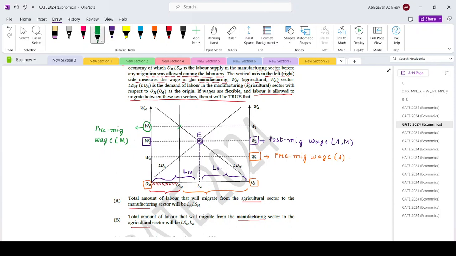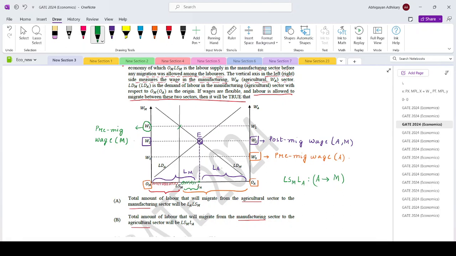So that means since pre-migration amount of labor was more, this gap between LSM and LSA will migrate from agriculture. So this amount LSMSA is the amount of labor that migrates from agriculture to manufacturing when the migration is allowed.